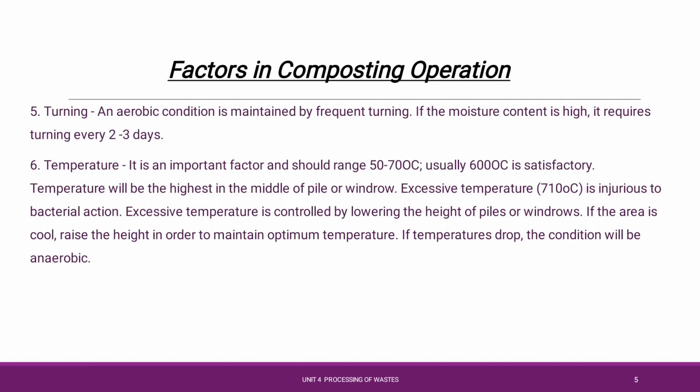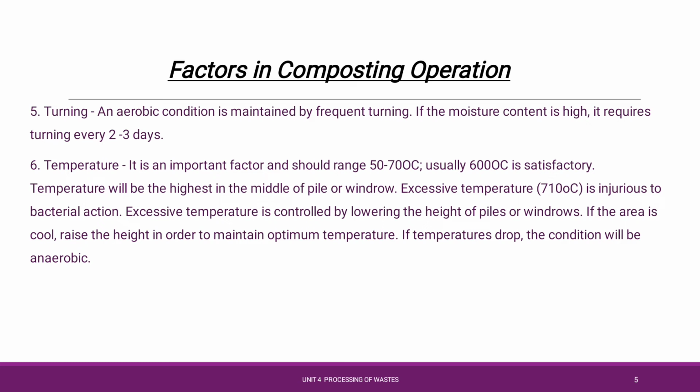If the moisture content is high, it requires turning every 2 to 3 days. Apart from turning, temperature is also an important factor which determines the composting operation. The temperature range must be 50 to 70 degrees Celsius, and usually 60 degrees Celsius is satisfactory.